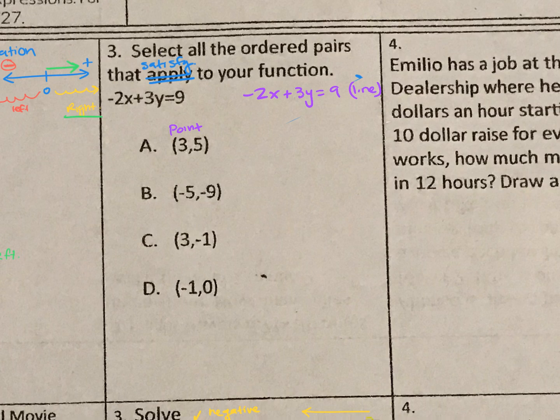So here's what you're going to do. You're going to take your x value and your y value, and you're going to see, does that point fit in this line? And so how can we check if a point fits a line? Shouldn't we put the point in the line? So we're going to take this x, that's part of the point, and substitute, right? And you're going to take this y and substitute.